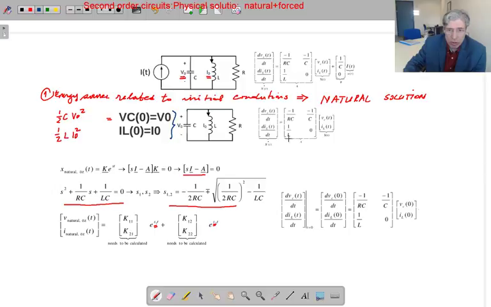How are you going to do it? If you replace t with 0 on the left hand side, that's what is done here, and replace t with 0 on the right hand side, you end up with this. Now these two are the capacitor initial condition and the inductor initial condition. So that is the one.